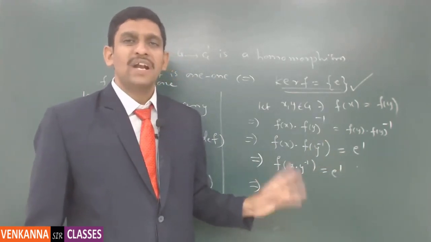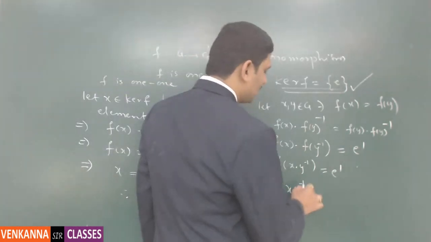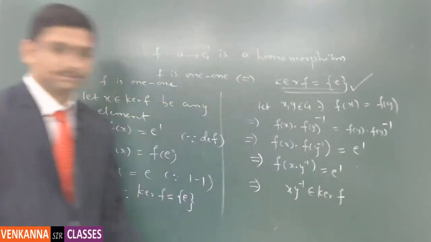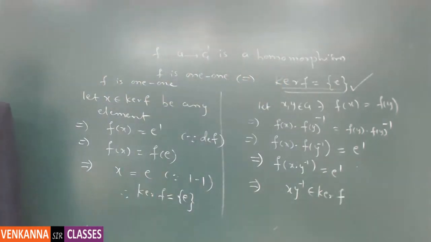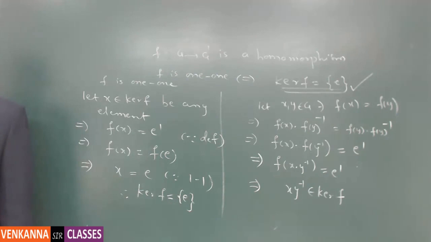Immediately from the definition of kernel, we can write that x y inverse belongs to kernel f. Do you agree or not? It is nothing but the definition of the kernel. How is the kernel defined? Set of all elements whose image is identity.